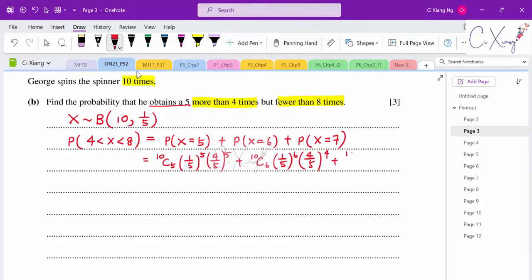And the last one is 10C7, then p power 7, q power 10 minus 7, which is 3. Then just make sure that you press the calculator very carefully so that you don't make any careless mistake. If you didn't make any careless mistake, this should be your answer, which is 0.0327. So this is how we solve question number 2.